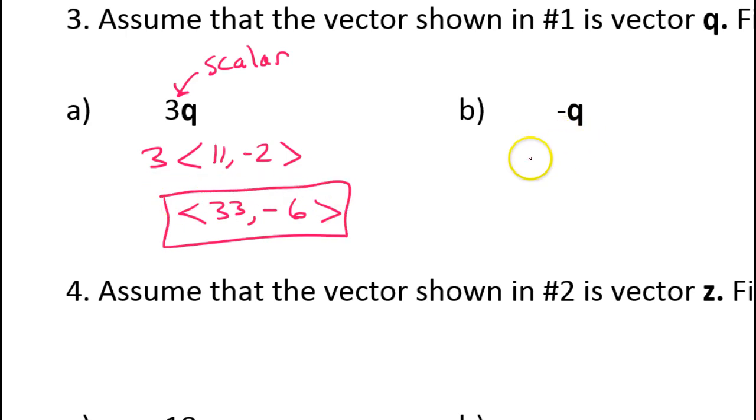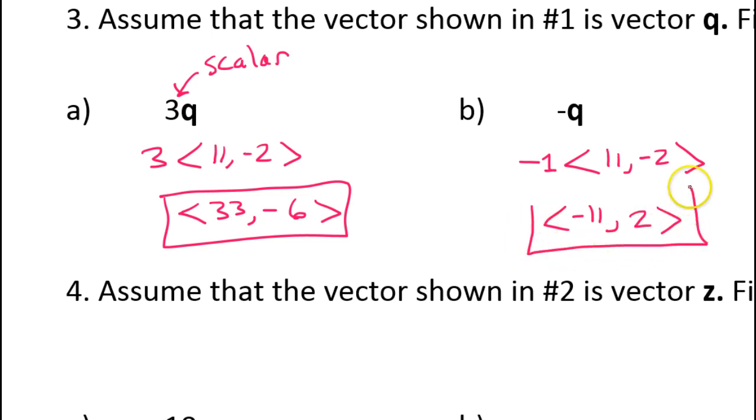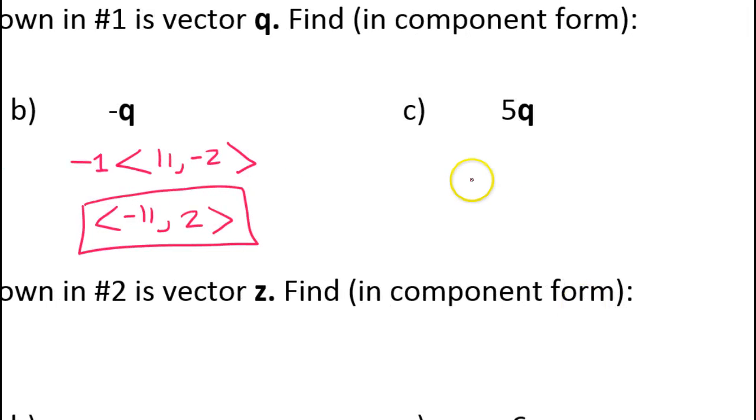Here we have negative 11 comma negative 2, which is just like having negative 1 times 11 comma negative 2. So that's going to be the vector negative 11 comma positive 2. Just multiplying by a scalar. Just multiply the components. And here we have 5 times vector q.